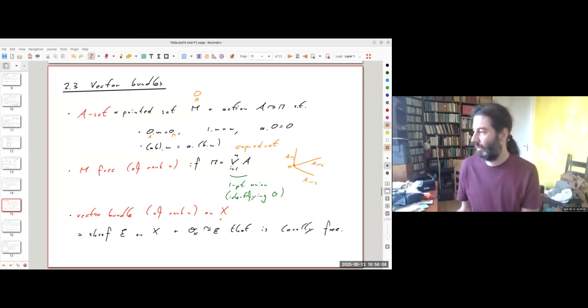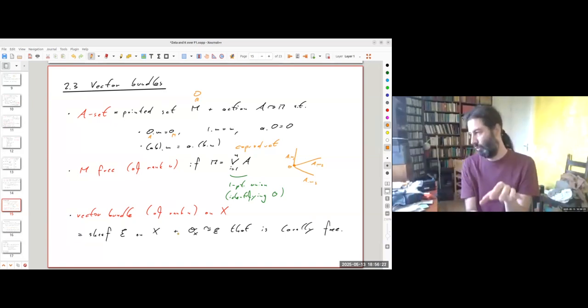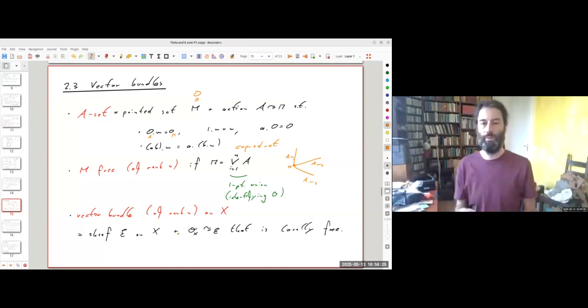And geometrically, if we have a monoid scheme X, a vector bundle of rank n is a sheaf E on X together with an action of O_X in the sheaf sense. So for each open U, O_X(U) acts on E(U) by an action as I defined before, with the condition that this is locally free.